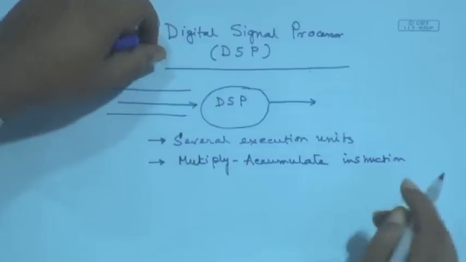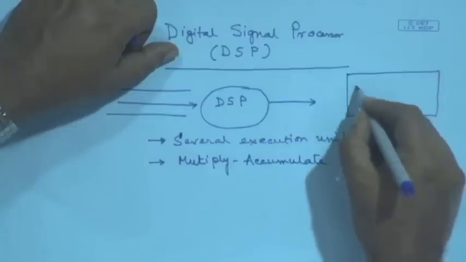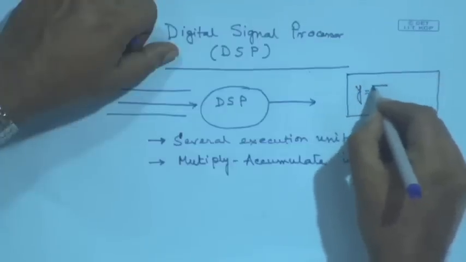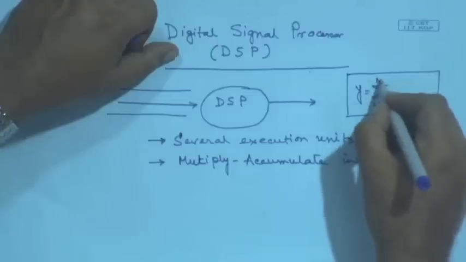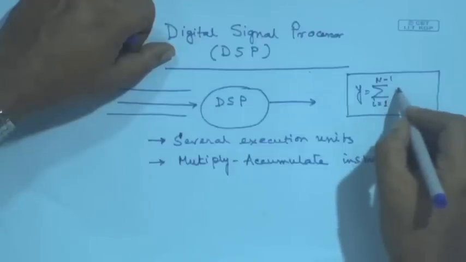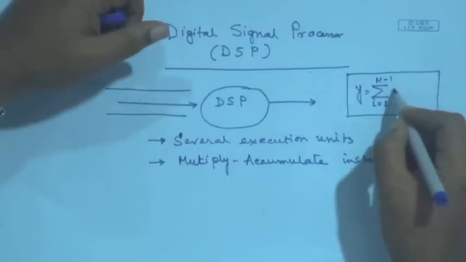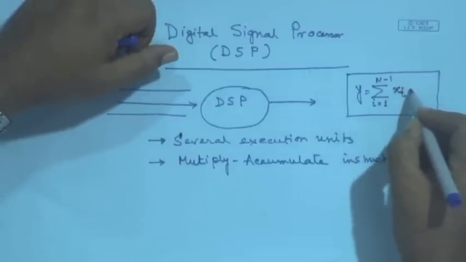Now, a very common operation in any DSP is, among other things, where you will compute something like this: some data, maybe x_i, and some other thing a_i.